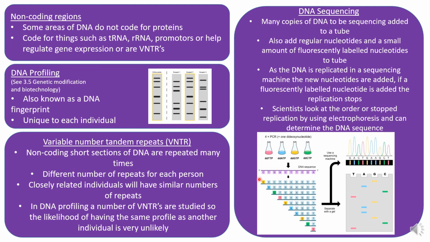So the sequencing machine separates out the nucleotides and allows us to see the actual sequence of nucleotides or bases within a DNA sequence. And this is how they sequenced the human genome when they were doing the Human Genome Project.